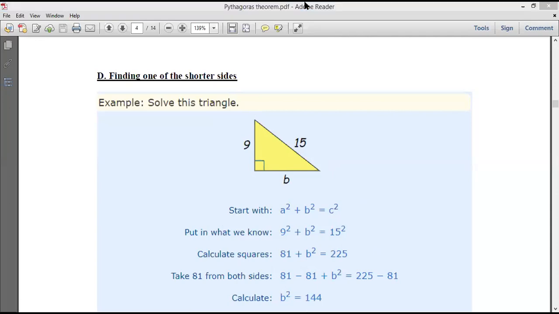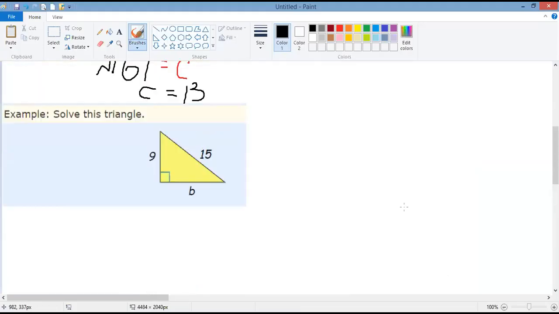I copy this question to here, D. Okay, solve this triangle. The same thing, you have the formula a square plus b square equals c square. What's your C? Your C is the longest length of the right angle triangle, the hypotenuse. So C square equals 15 square.